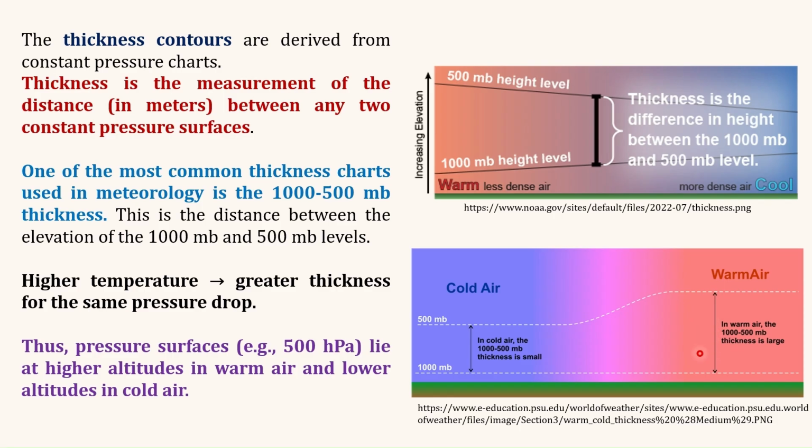So here we can see that a decrease of atmospheric pressure from 1000 millibar to 500 millibar requires greater thickness. Higher temperature leads to greater thickness for the same pressure drop. So for any constant pressure level, the pressure surfaces lie at higher altitude in the warm air and at lower altitudes in the cold air.